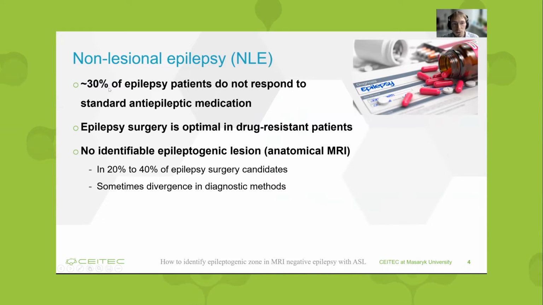So about 30% of epilepsy patients do not respond to drugs, to anti-epileptic medication, and they are optimal candidates for surgery. And unfortunately, in about 20 to 40% of epilepsy surgery candidates, there is no identifiable epileptogenic lesion which is detectable with standard diagnostics like anatomical MRI.